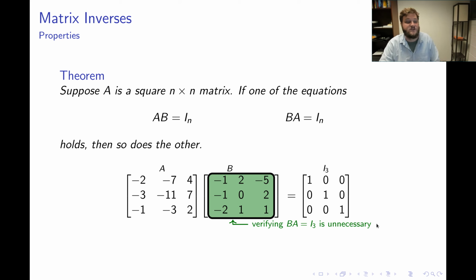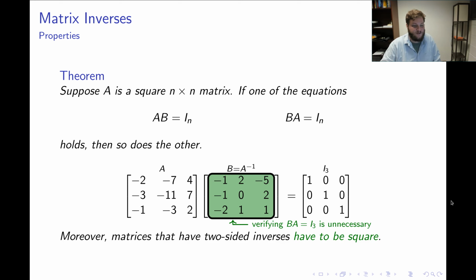That's actually guaranteed for me. So what does that tell me? That tells me that this B is A inverse. So this theorem is effectively cutting our work in half when it comes to verifying whether or not a matrix is an inverse of another matrix.